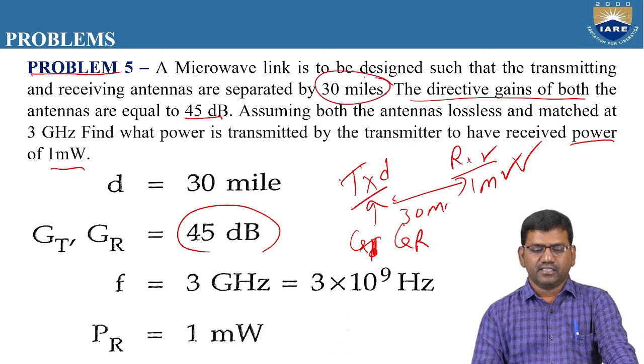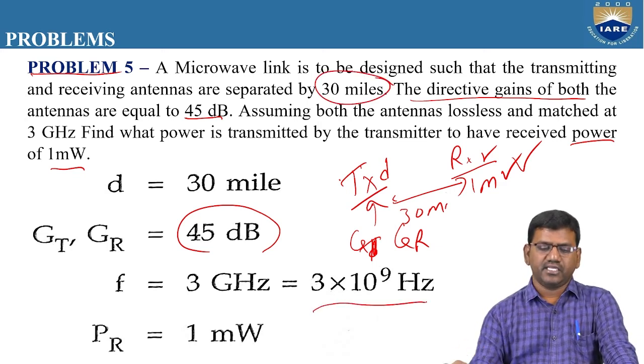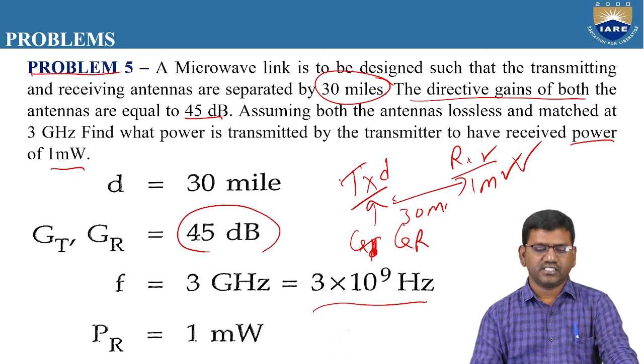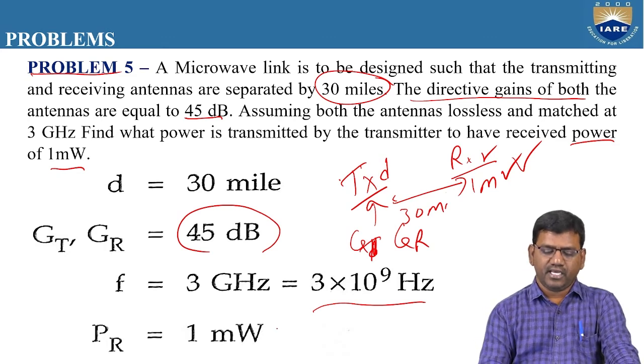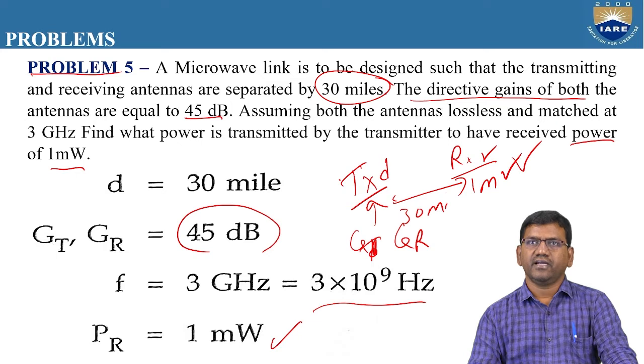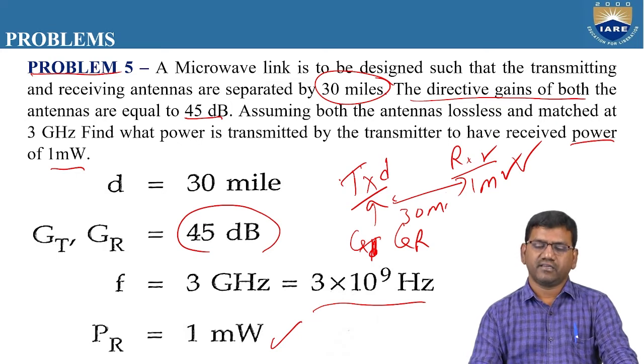The frequency is given as 3 into 10 power 9 Hz, that is 3 GHz, and the received power is given as 1 milliwatt. This is the given data.